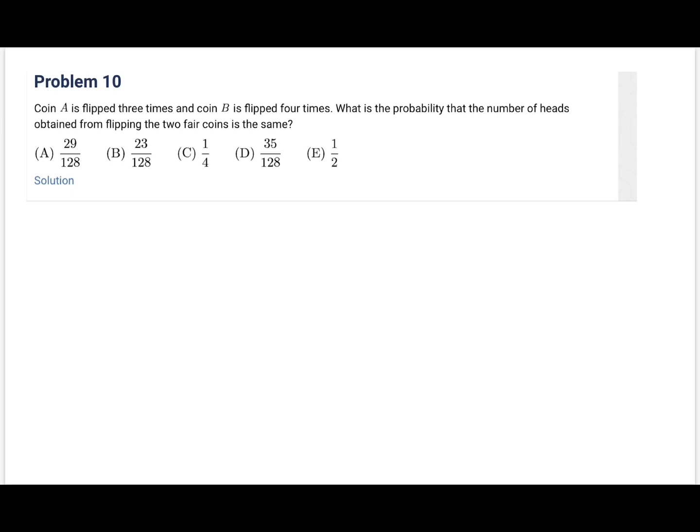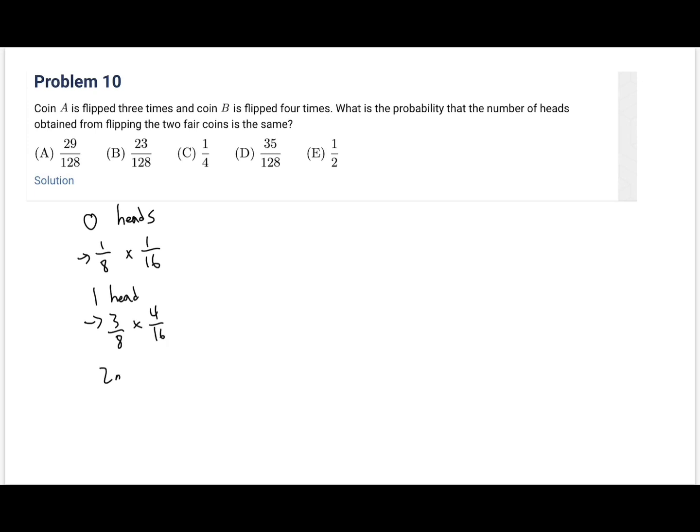So there could be no heads, right? No heads, so this would mean that coin A is 1 over 8, and then coin B is 1 over 16, and 1 head would mean there is a 3 over 8 chance, and then there's a 4 over 16 chance, right?